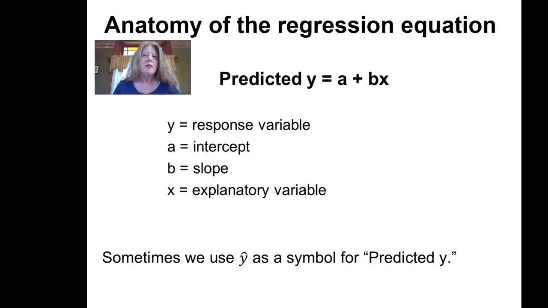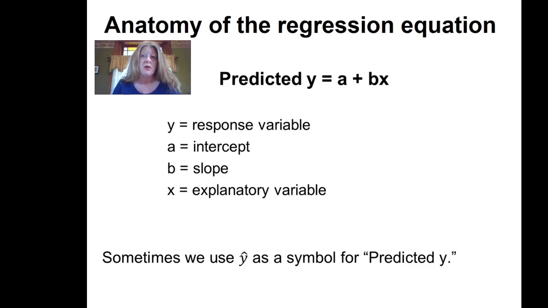So we're going to talk about how this all works, but I first just wanted to quickly point out what the regression equation looks like. This might be a little different from perhaps how you learned it earlier in your life if you took an algebra course in high school, or you studied geometry and you learned about the equation for a line.